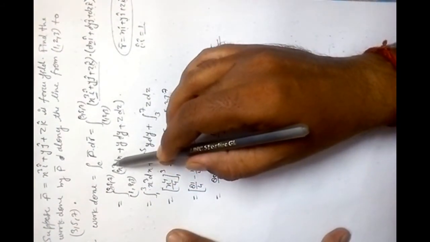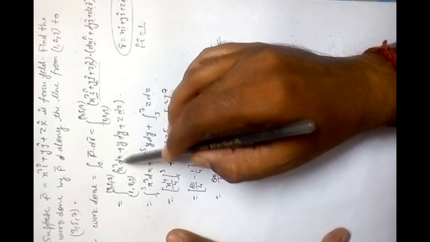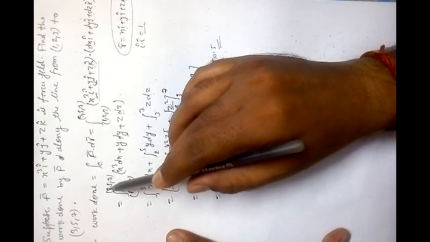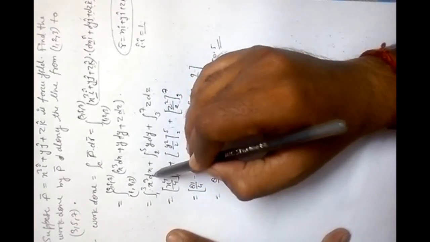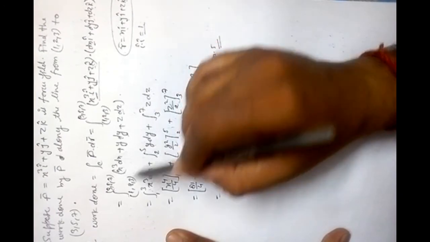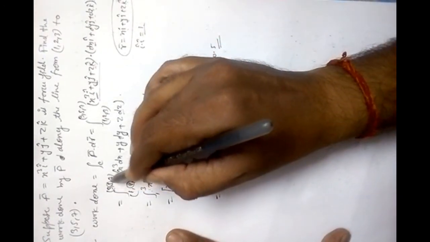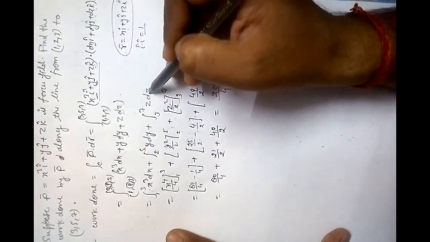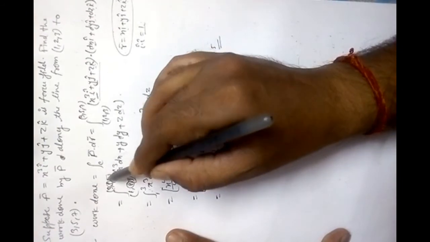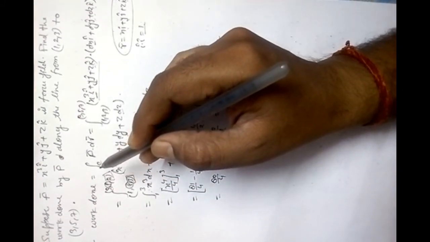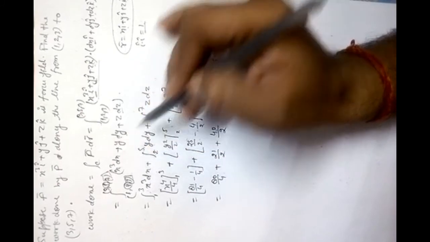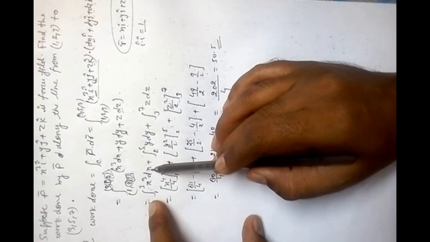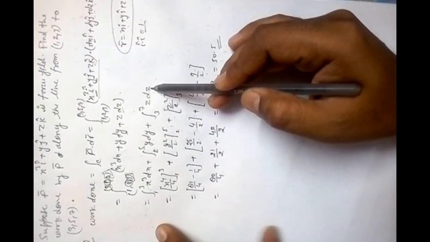Okay, so for x cube the limit of x is from x is equal to 1 to x is equal to 3 put here, y dy integration limit is y is 2 to 5 put here, and the limit of z dz is 3 to 7 put here. Okay, and integrate with respect to x, with respect to y, and with respect to z.